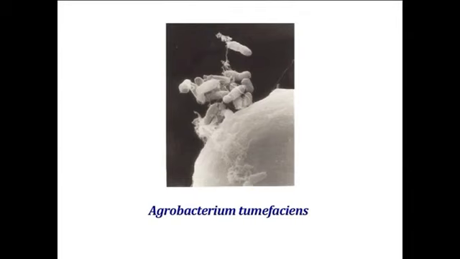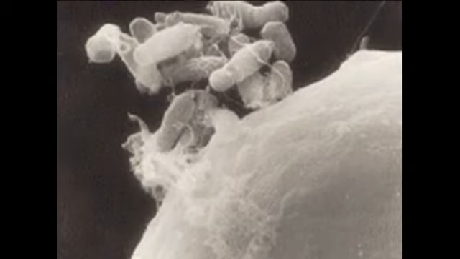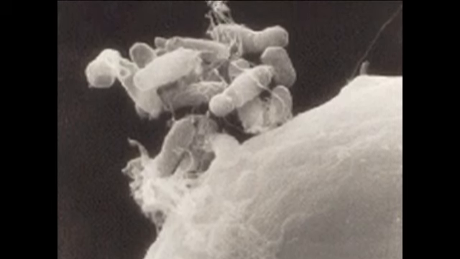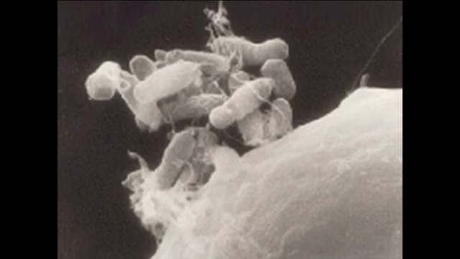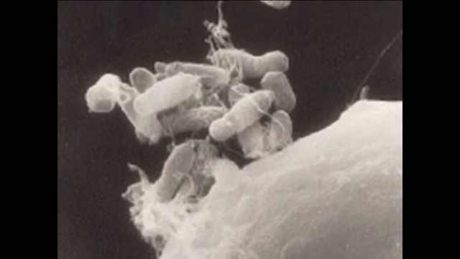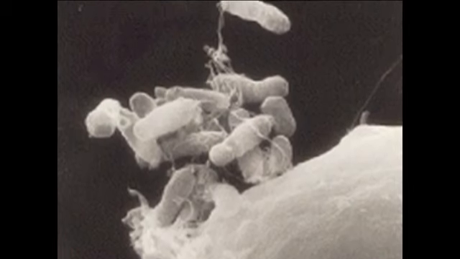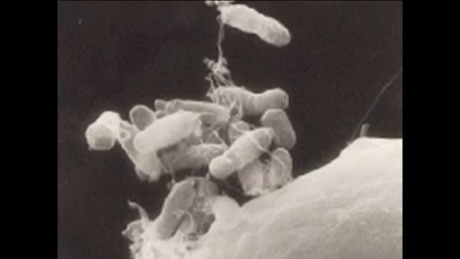Now let us see about the character of the pathogen. The bacterium Agrobacterium tumefaciens is responsible for this disease. The bacterium is aerobic, gram-negative, rod-shaped and non-sporulating, measuring 0.4 to 0.8 by 1 to 3 micrometer in length.